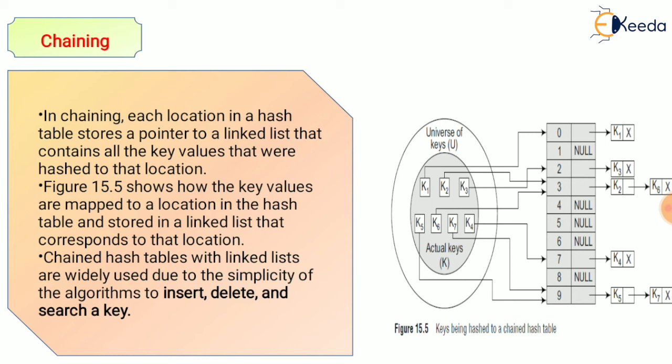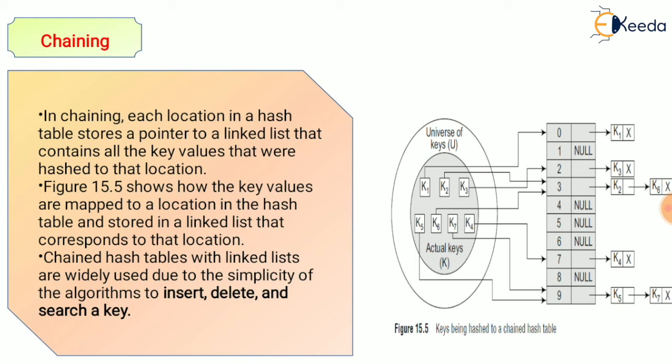So if you go through the slides of linear probing and hashing as well, you can understand this very quickly, because here we are providing a pointer where collision occurs, we are creating a linked list over there. So again collision deleted.